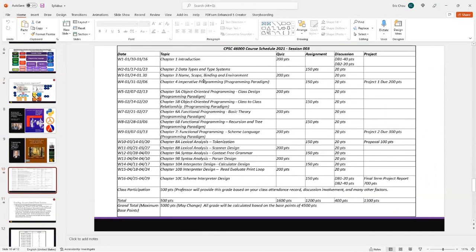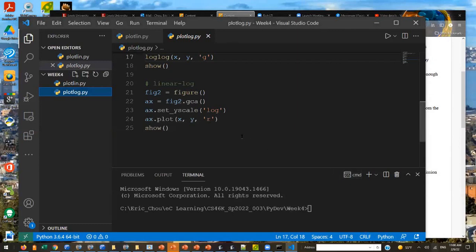We designed the course in such an order to look at the different features of the language, from the data point of view, the program binding point of view, and the programming paradigm point of view, and then look into the translation part in the second half. Any questions?